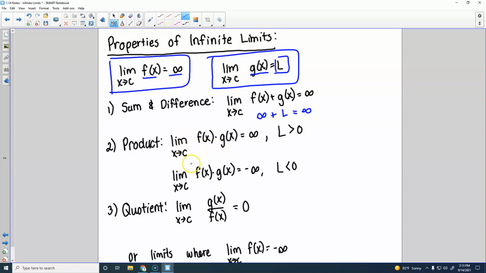Okay, for number 2, if I've got f of x times g of x, f of x is infinity, and I'm multiplying it by L, it is going to give me infinity as long as L is greater than 0. So as long as this is a positive L right here, I'll get positive infinity. But if I do infinity times a negative number, you get negative infinity.